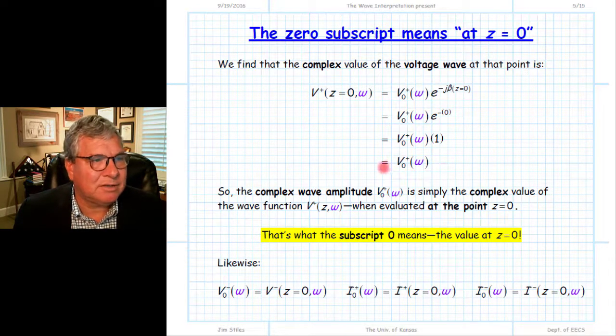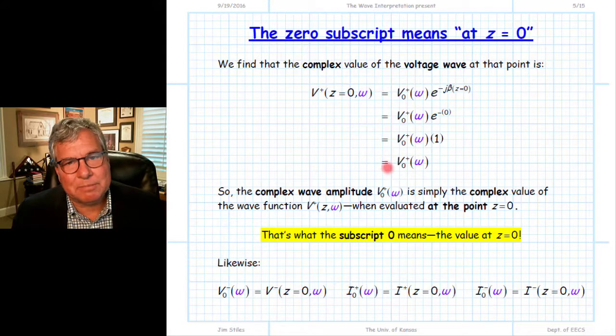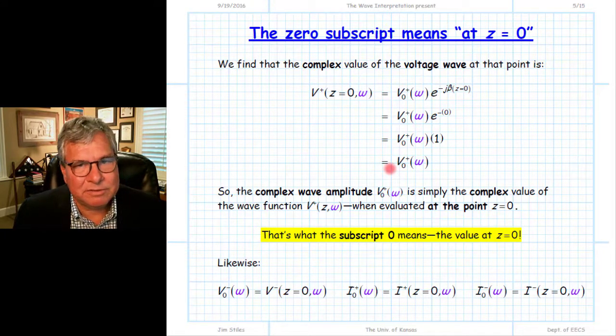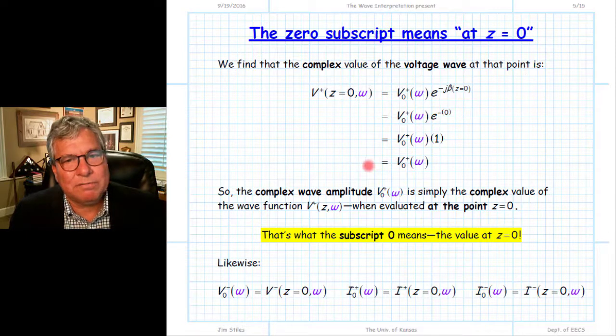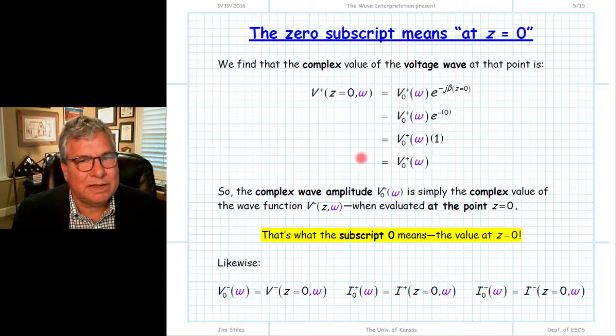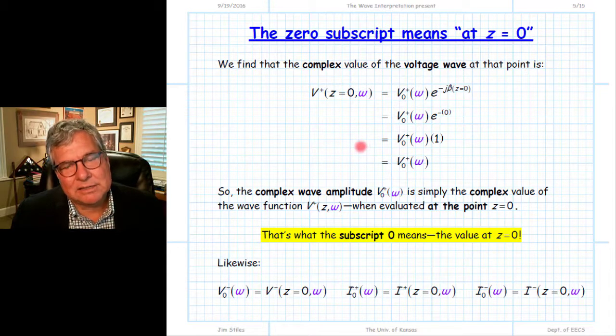And that's where all the subscripts and superscripts come into this complex wave amplitude. These are constants with z. We could have called them c1, c2, c3, and c4 for constants, but we chose to give them either a current or voltage definition, as well as these pluses, minuses, and zeros.